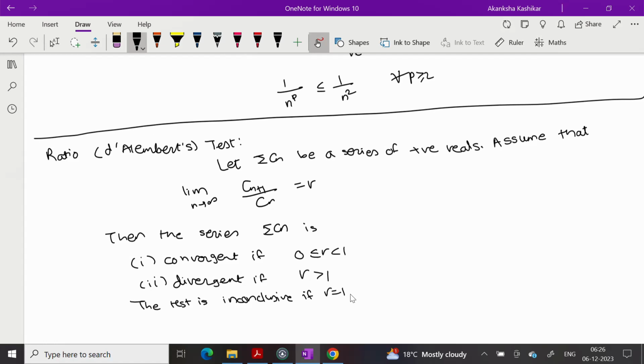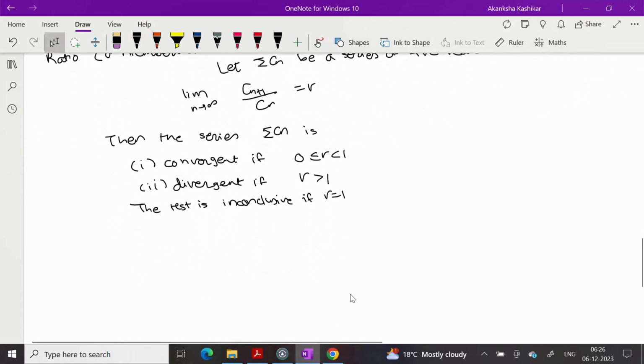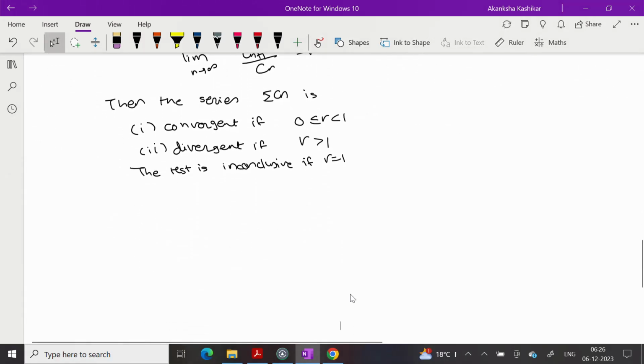Okay, let us try to prove this first. So we have to prove that if the ratio converges to r, and if r is less than 1, then the series is convergent. Let us try to prove this part first.